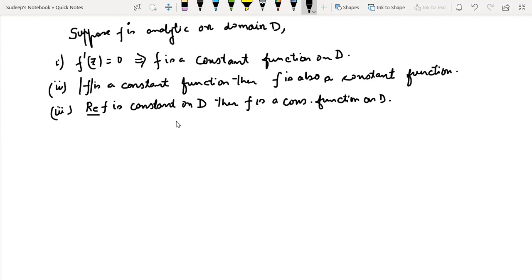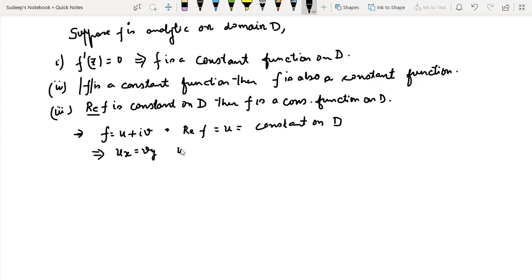It implies that f, if I write it as u plus iota v, the real part of f, that is u, is a constant on D. And we already know that f is analytic on domain D. It implies that ux must be equal to vy and uy must be equal to minus of vx.